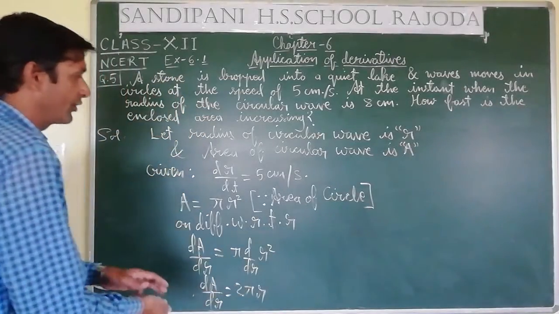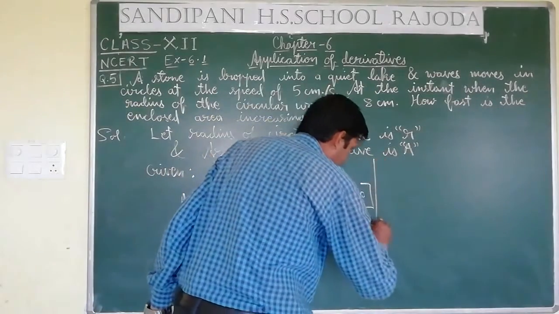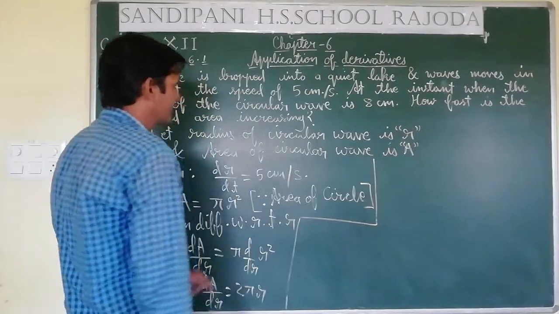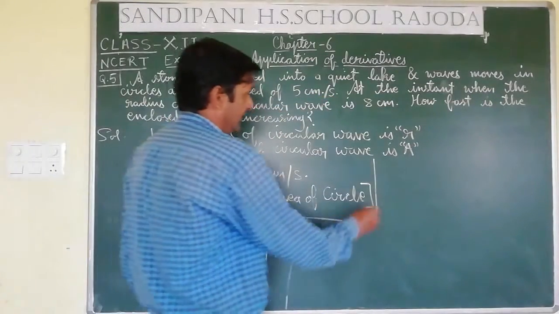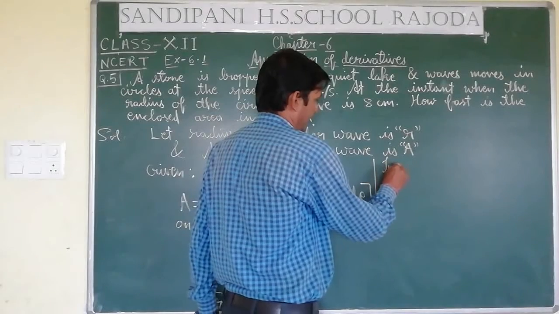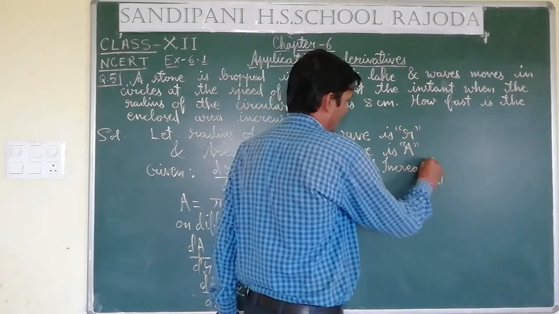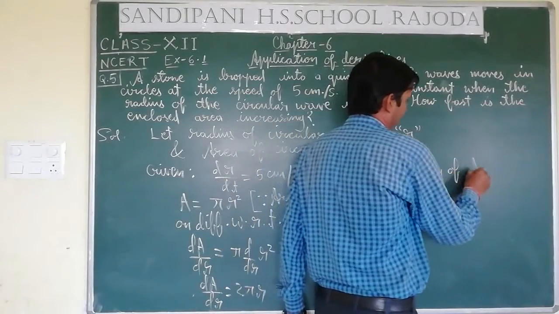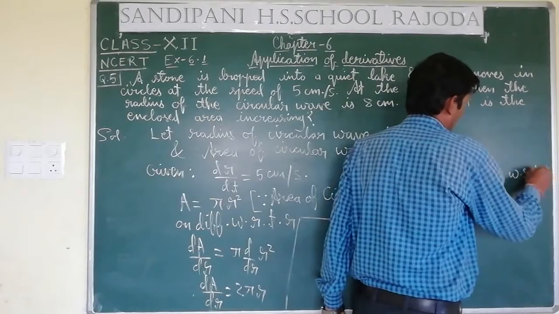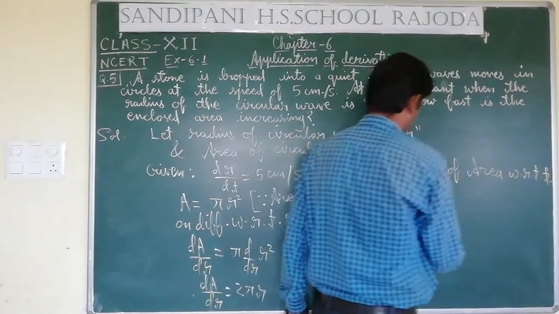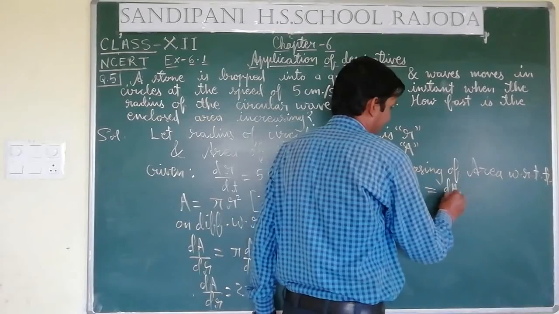Now what we have to do? Now we have to find dA by dt, because what is asked in our question? How fast is the enclosed area increasing? Increasing of area with respect to time is dA by dt.